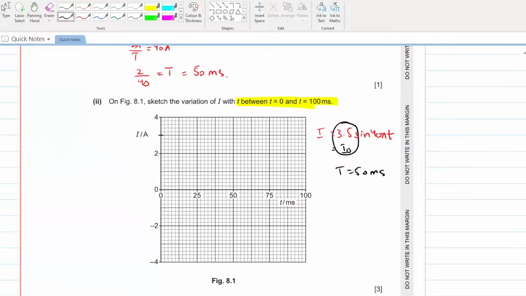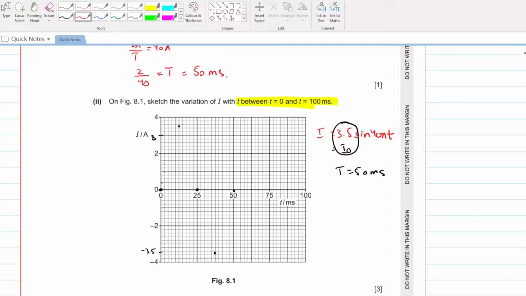Let's say you have a maximum value of 3.5 here. Zero current at time t equal to 0. At 25 milliseconds, you have again a current of 0. Then you have a current of negative 3.5 here. Then again a current of 0 here.